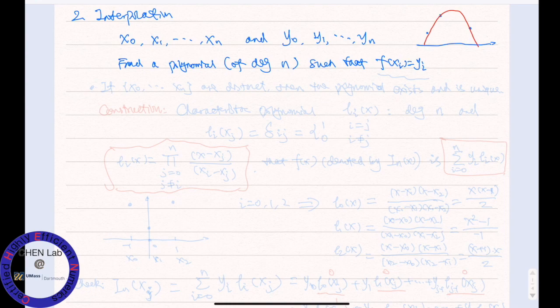So here there are 3 points. You can find a quadratic polynomial that interpolates them, meaning it passes through those points. We show it in one dimension, a 1D function, but this can be done for multivariate functions as well.